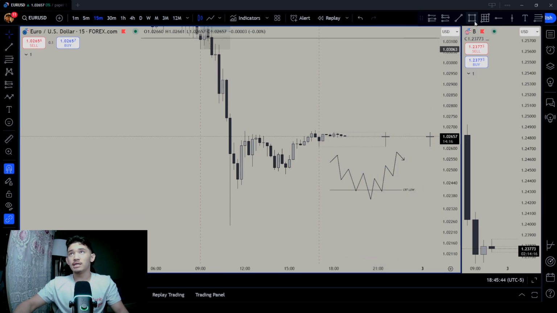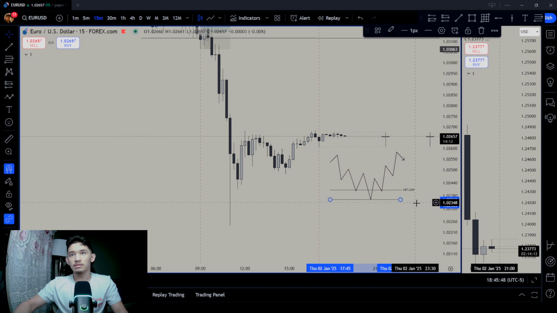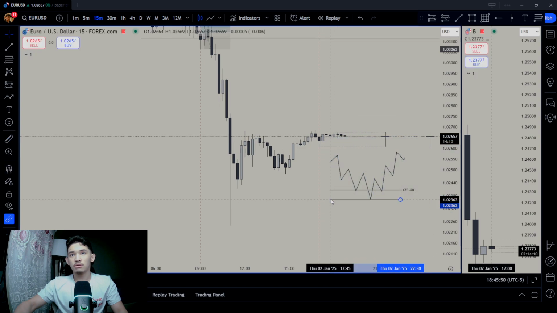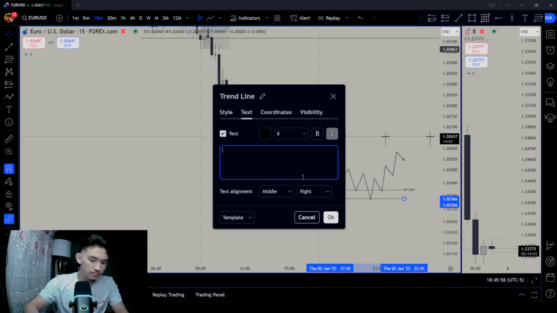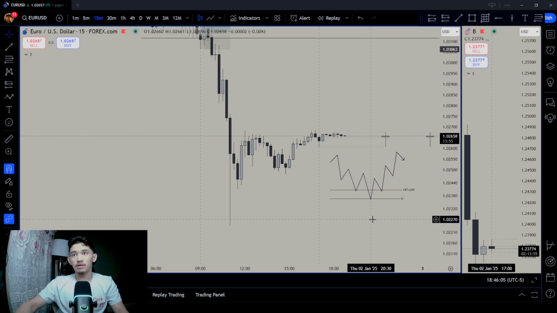And let's just say there's a key level right over here. Market taps. Let's just say there's a key level right over here. I forgot I was already in the capital case.